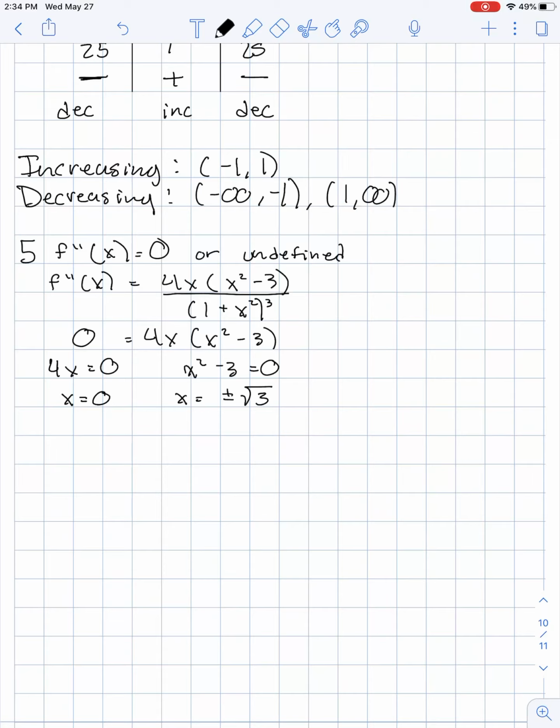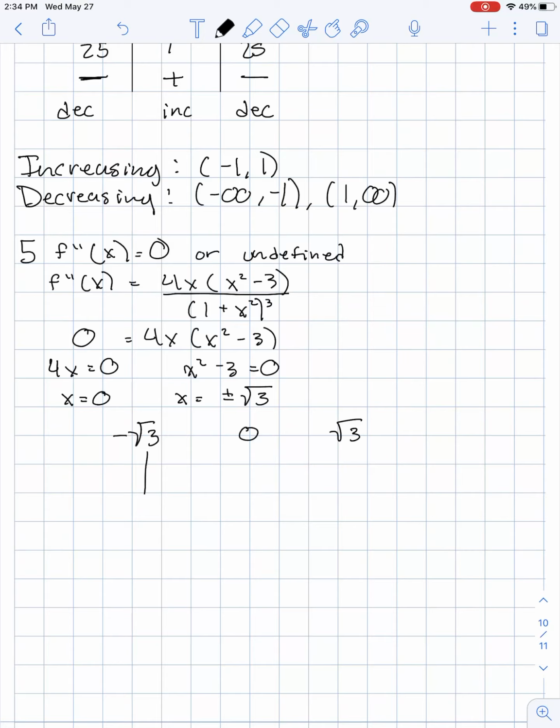Now we need to make sure they're inflection points, so we need to check the concavity. So let's see. Negative square root of 3, 0, and the square root of 3. I think the square root of 3 is something like 1.7, because, no, it should be more than 2. Calculator. No, yeah, because the square root of 4 is 2. So this should be, yeah, 1.7.